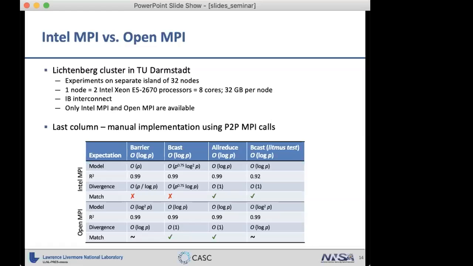Here we implemented this broadcast using the binomial tree, and we saw that there's a mismatch in the Intel MPI in that function, which probably points to some implementation problem.